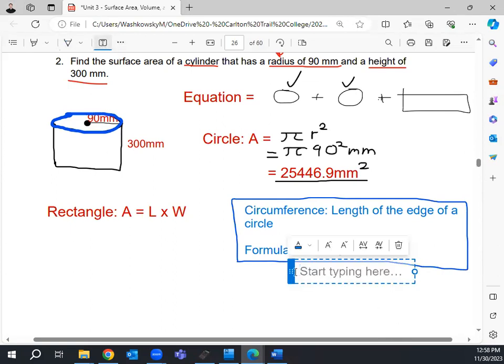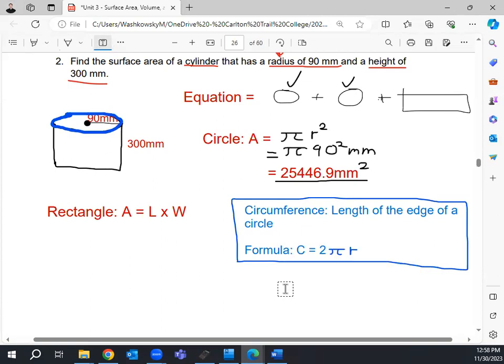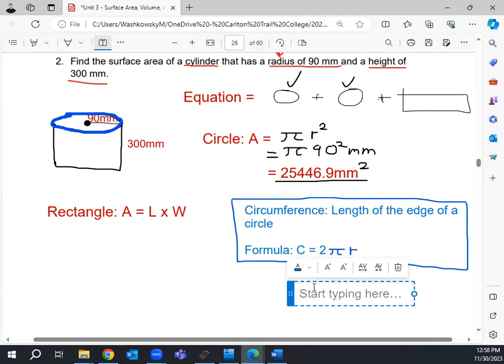And so in this specific question, the circumference here is going to be 2 times pi times the radius, which is 90 millimeters.